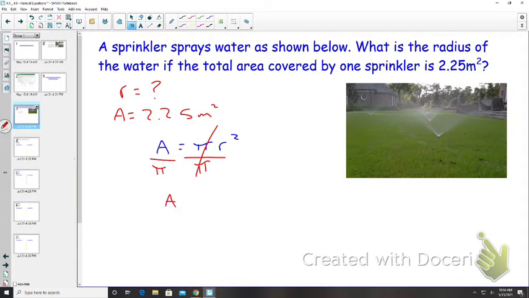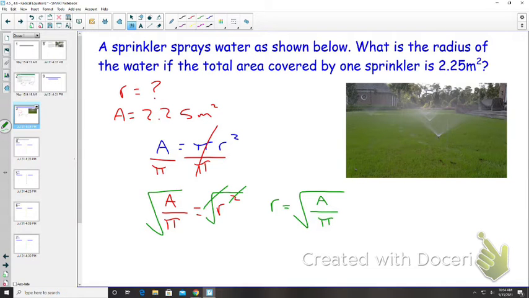Now we have area over pi is equal to r squared. We do not want to know what r squared is, we want to know what r is. So let's take the square root of both sides. The square root of r squared is just r. So we get radius is equal to the square root of the area divided by pi.